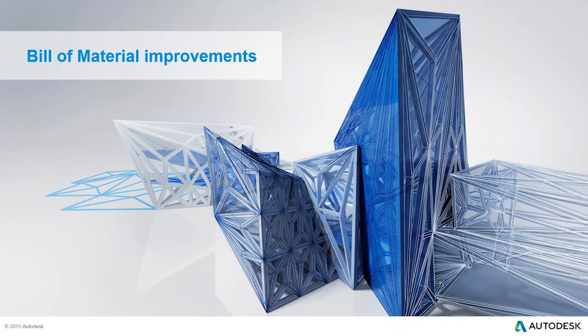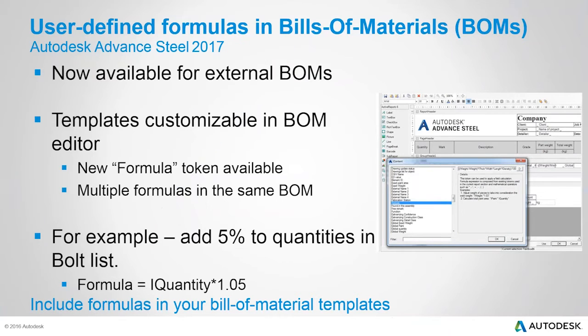Moving on then to bills of materials. They've done a few bits of work here. It's all to do with external bills of materials, not the ones on drawings. We've been able to put formulas in the bill of material on a drawing for some time, but we couldn't put formulas in bills of material made with the external system. But now you can.